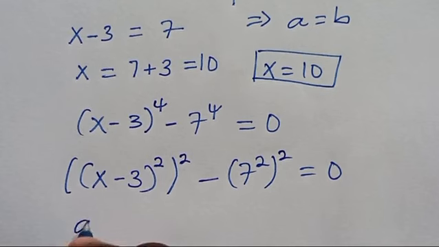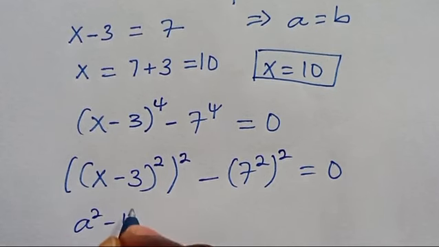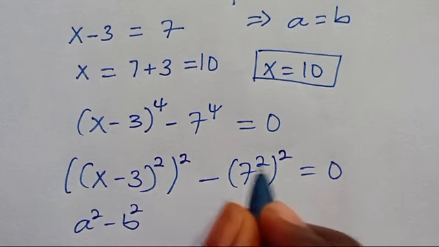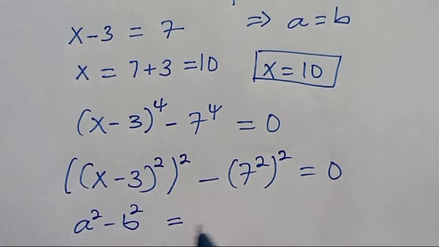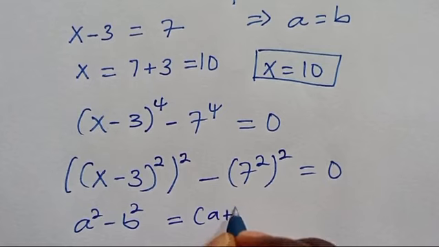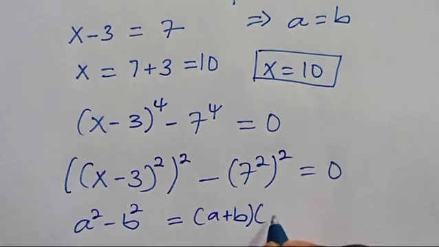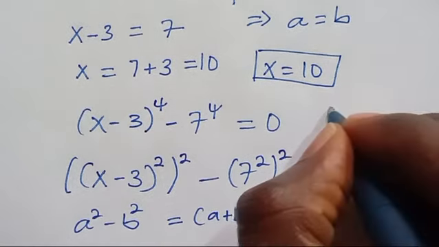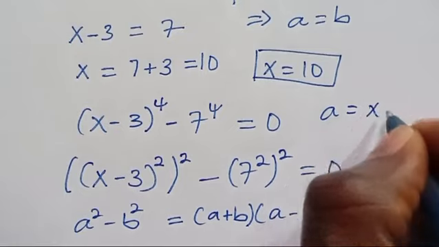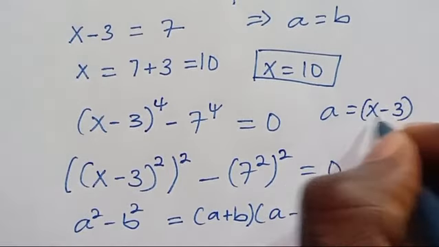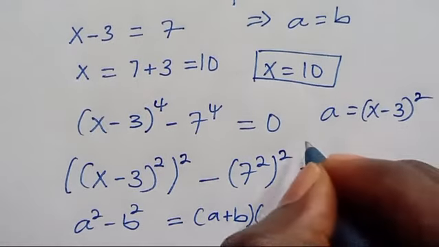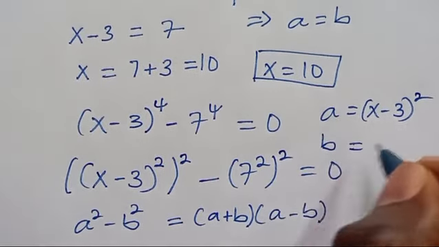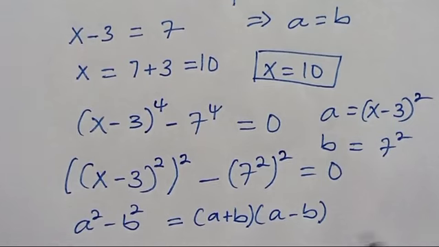Then when we have a squared minus b squared, because this is a perfect square, this will give us a plus b multiplied by a minus b, where our a is equal to (x minus 3) in parentheses to the power of 2, and our b is equal to 7 to the power of 2.